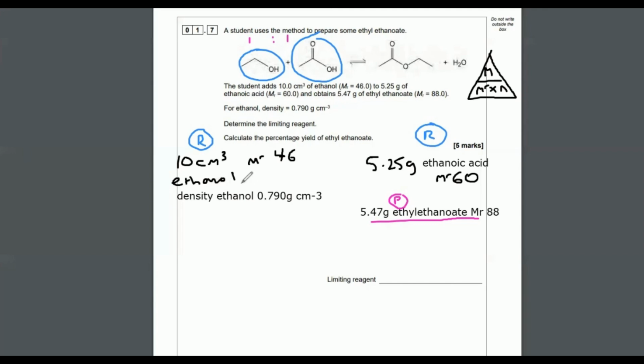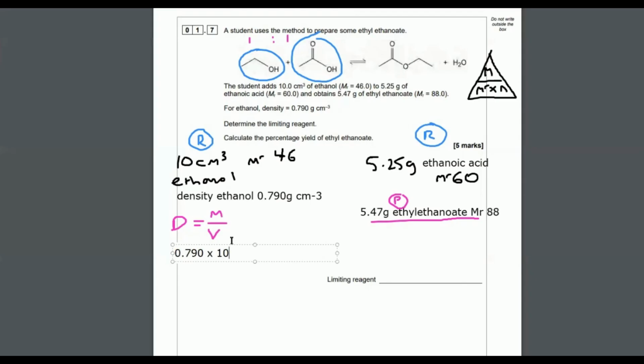I'm going to start with the ethanol. We have 10 cm³ and an Mr of 46. I can't quite use n equals c times v because I don't have the concentration of the ethanol, but I do have the density. If we know the density equation, D equals M over V, you need this in a lot of chemistry. I need the mass, because then I can use it with the Mr of the ethanol. So I take the density, 0.790, and multiply by 10, the volume.